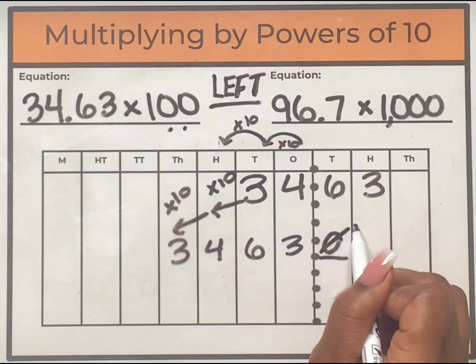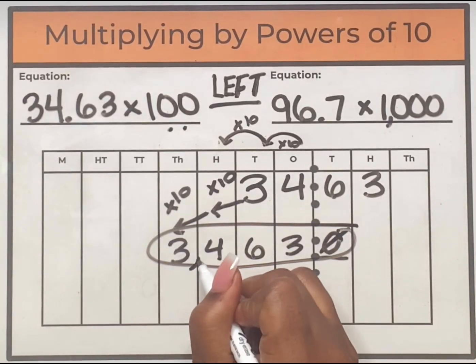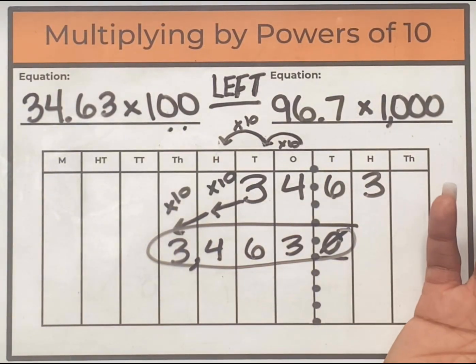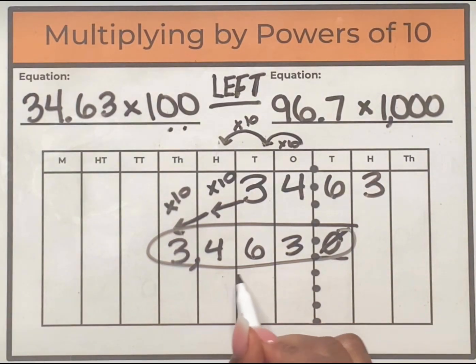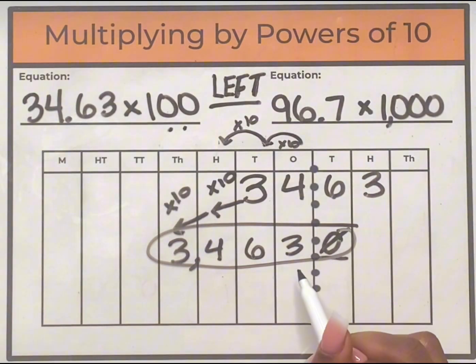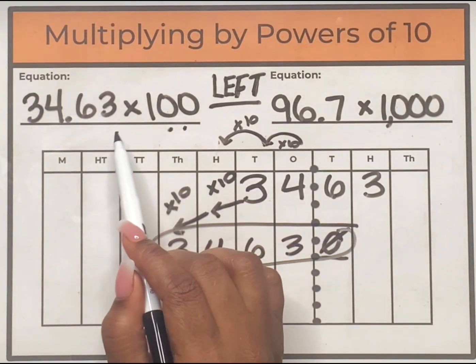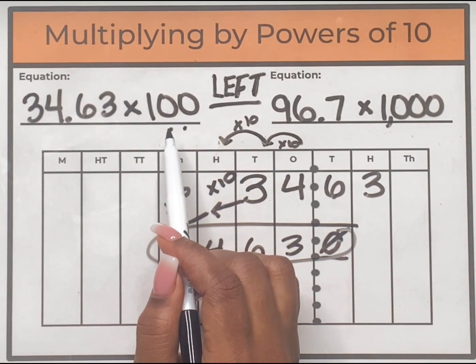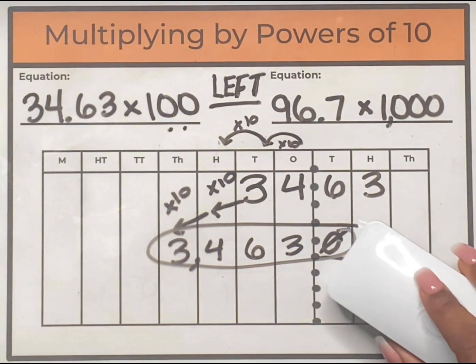You could mark it out or you don't have to write it at all. Then we read it like a regular whole number. 3,463. 34 and 63/100 times 100 equals 3,463. Great job.